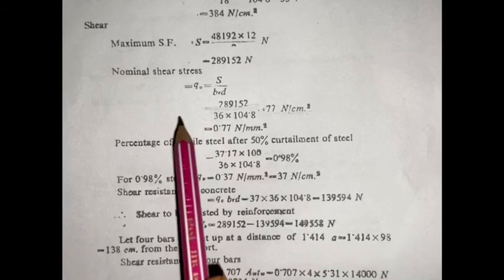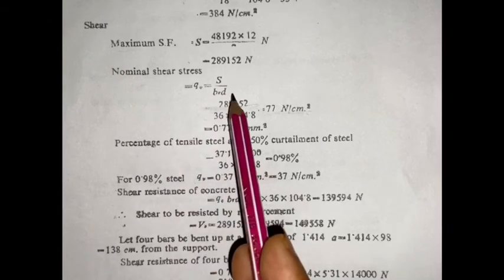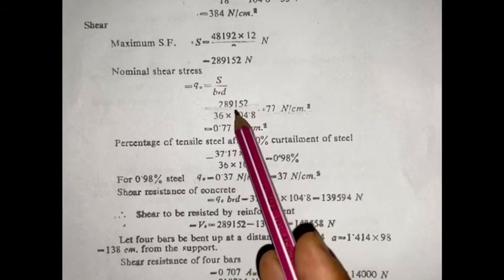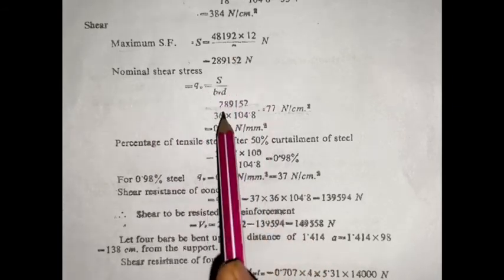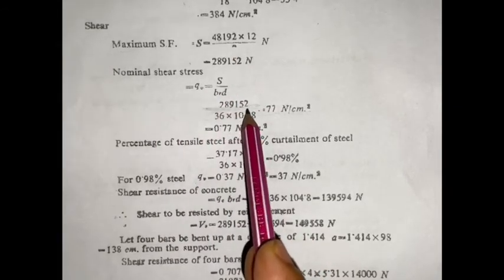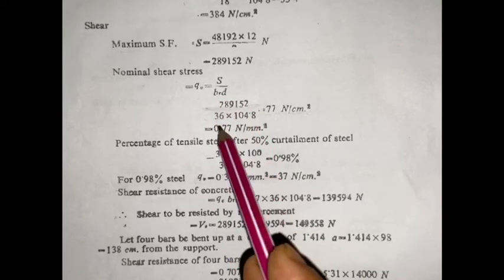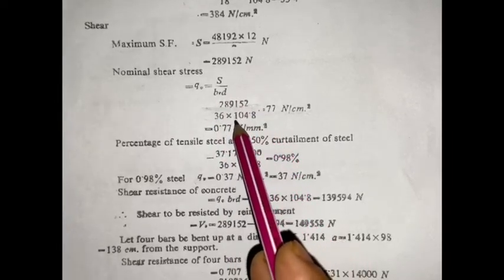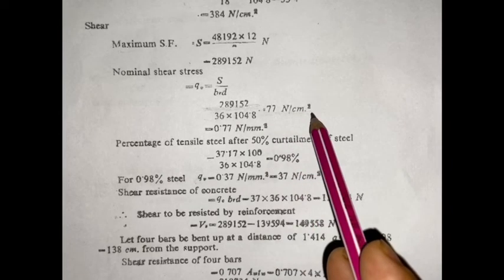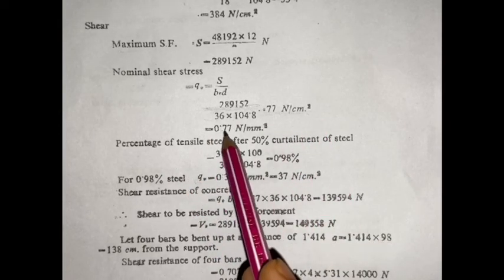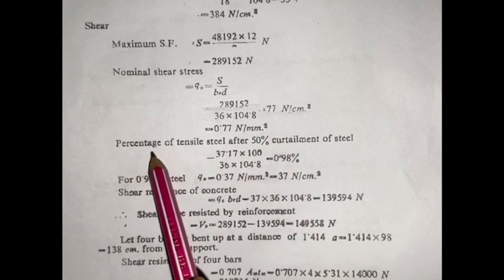Nominal shear stress tau v equal to V divided by b d, this is the shear force we have, 289,152 divided by B equal to 36 into D we have 104.8, so we will get 77 Newton per centimeter square, and 0.77 Newton per millimeter square.